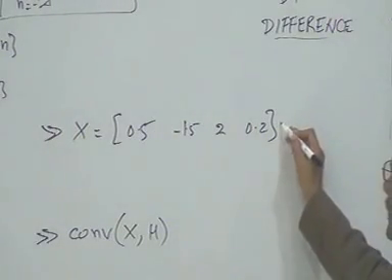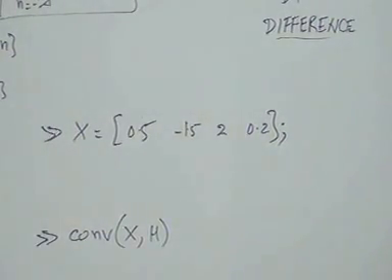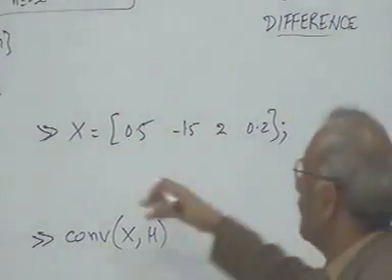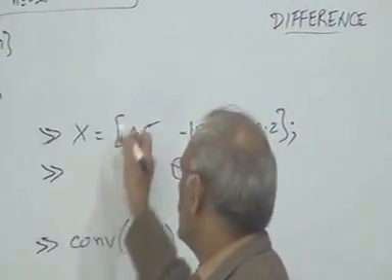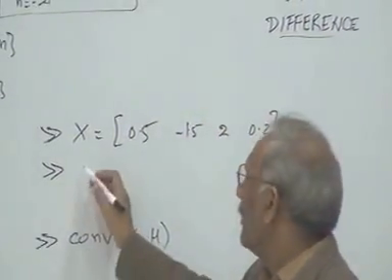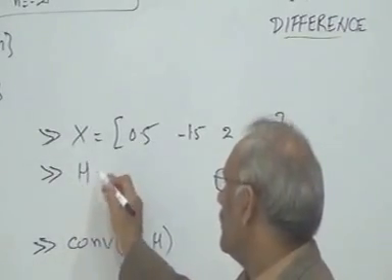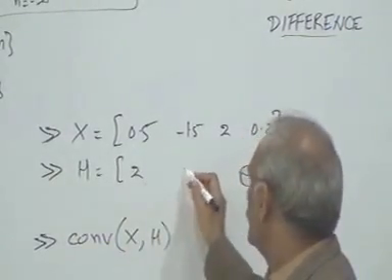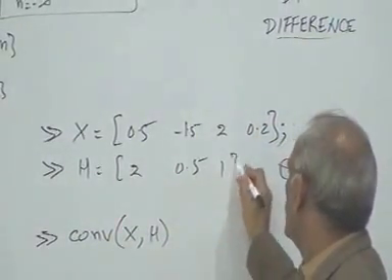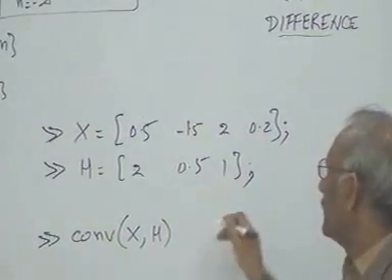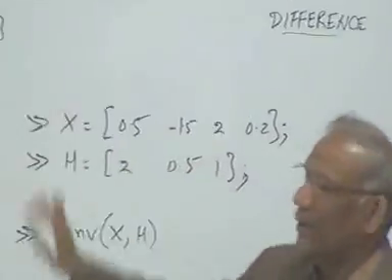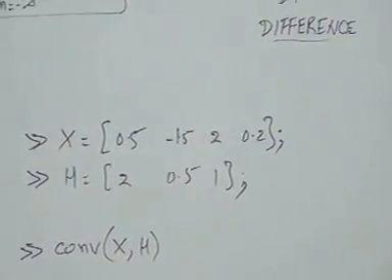But if you don't want the echo back, type a semicolon. If you type a semicolon then press enter, this will not be echoed back. Then you can take h as 2, 0.5, 1, enter, and this will store x and h in the memory.